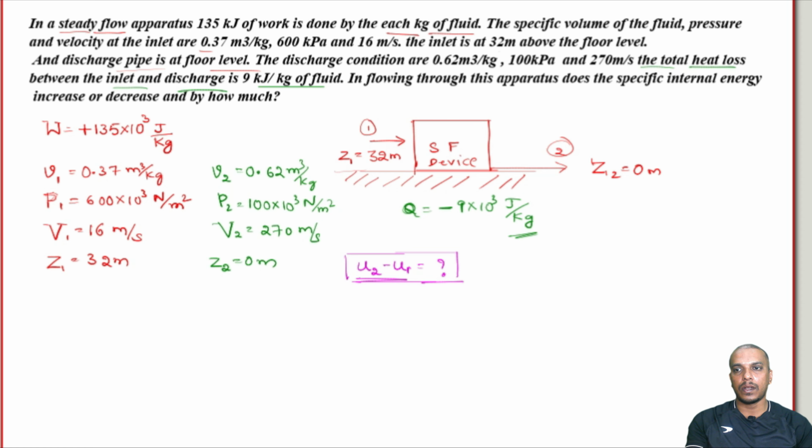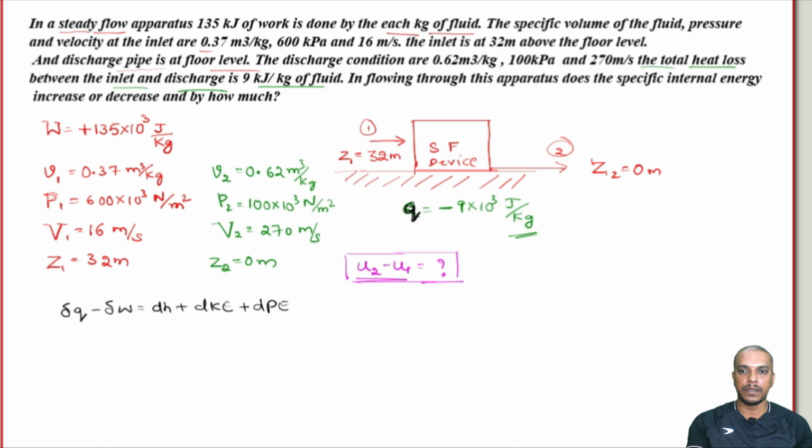Okay. So, now let us start with the equation which we know. Heat transfer, I will write per kg. So, small q minus small w is equal to change in enthalpy plus change in kinetic energy plus change in potential energy. Whenever we talk about per kg, specific properties are denoted by small letters.